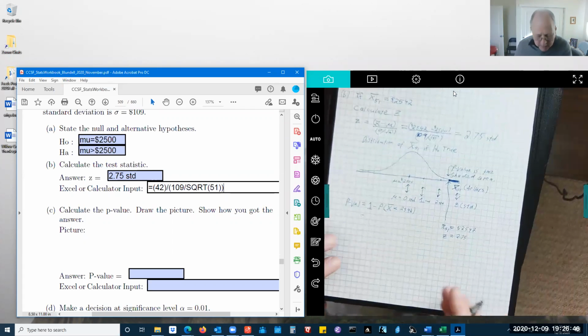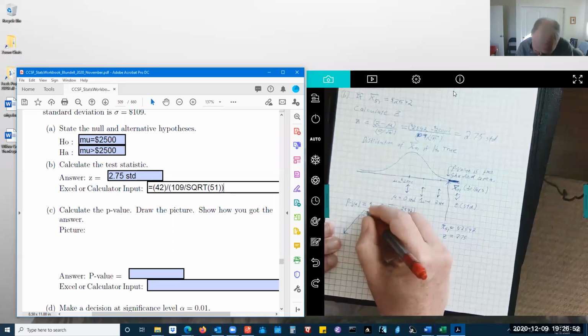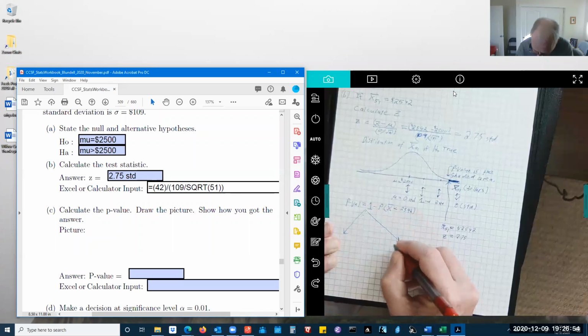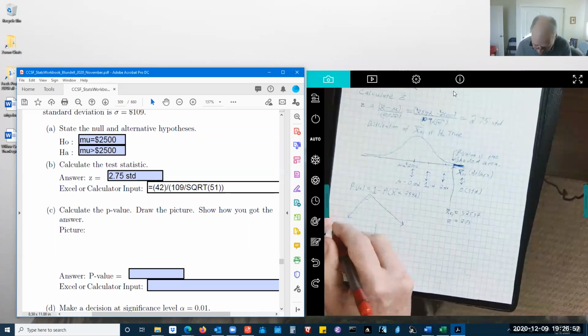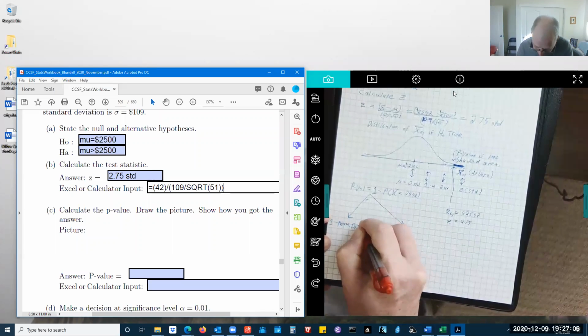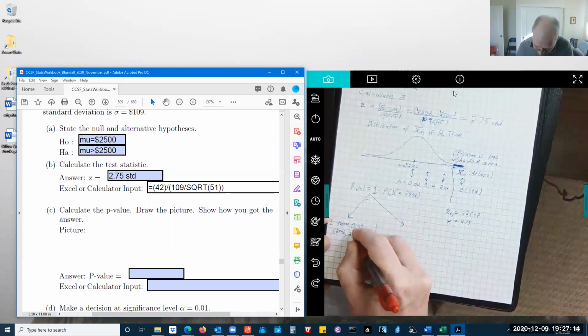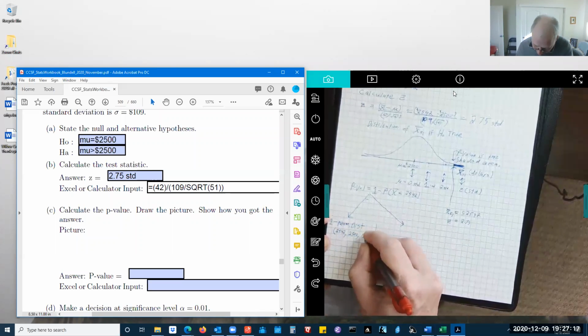And at this point, there's 2 ways you can do that problem. I can do 1 minus norm dist of 2542, the mean 2500, standard deviation 109 over root 51, and true.